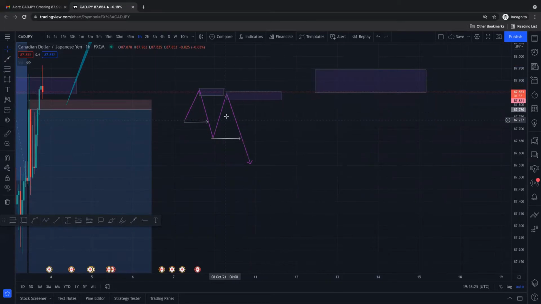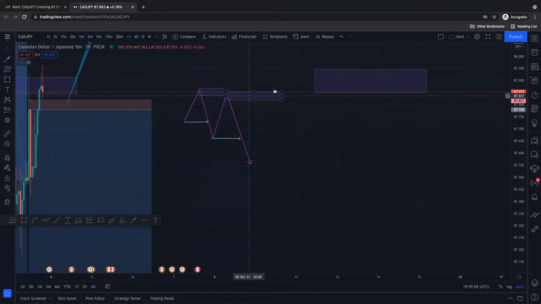You want to see this confirmation criteria within this order block on which time frame? If the order block is daily, you go three time frames back. Generally you need to go three time frames back.